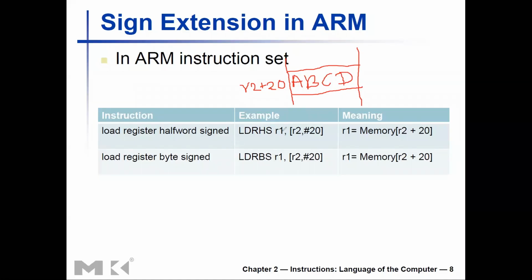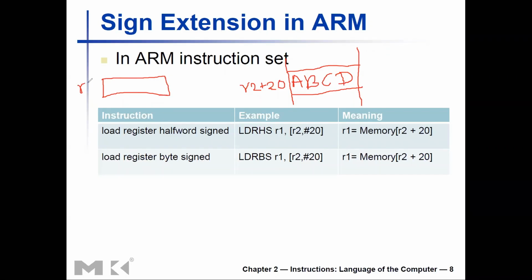Here in this example, you had to load it into the R1 register, and when you just execute a normal LDR instruction, it will take the full ABCD number and place it in the R1 register. R1 register is there in the processor.